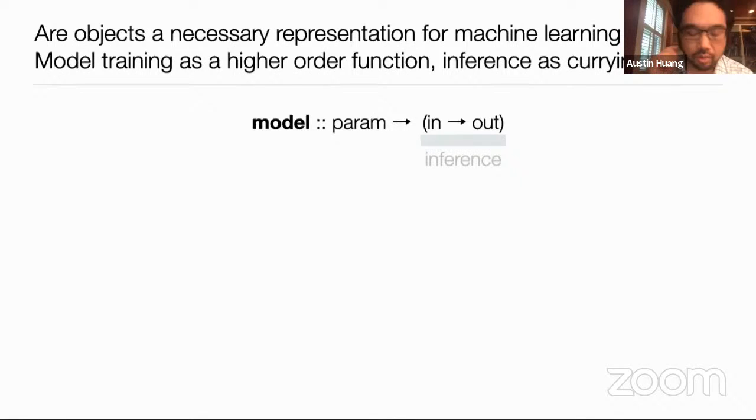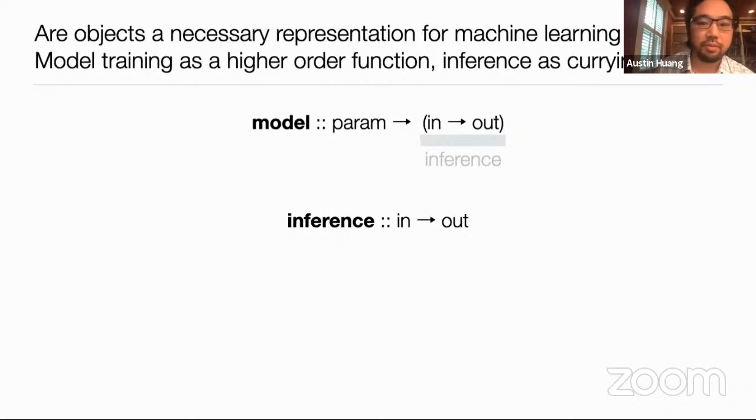For example, in a computer vision application, maybe it takes in a tensor representing pixels in a photo, and the output is some class label of what is in that photo, like a dog or a cat, right? So this inference operation is really just a curried version of the model with the parameter filled in.